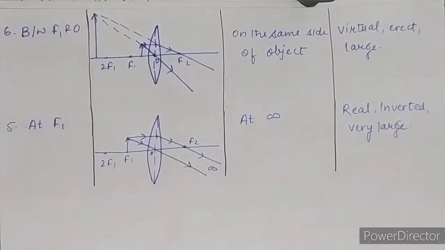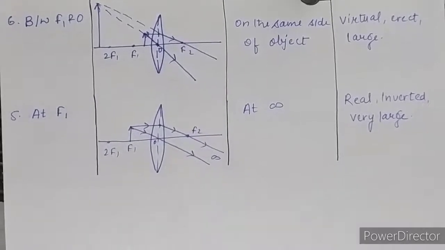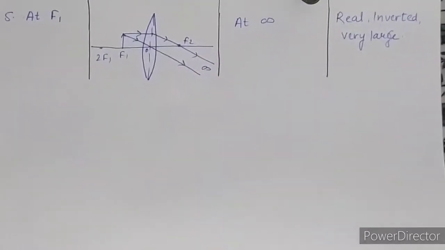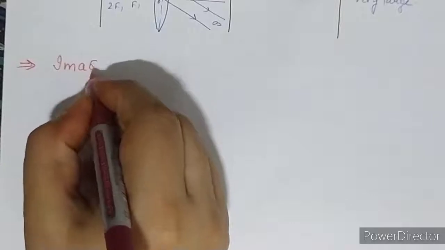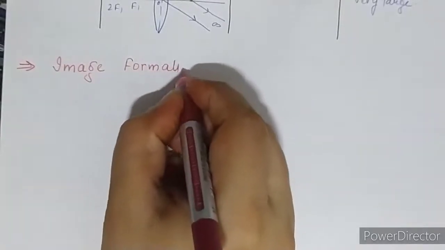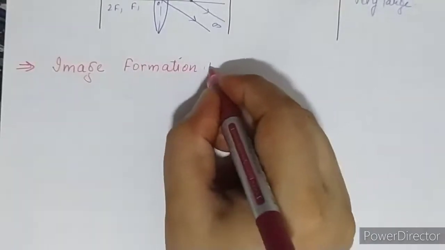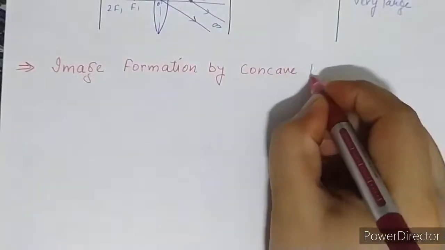Now we move on to the next image formation, that is for the concave lens. Next is image formation by concave lens.